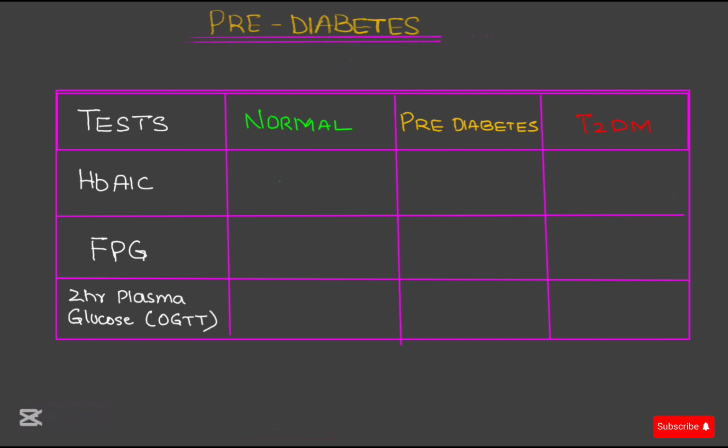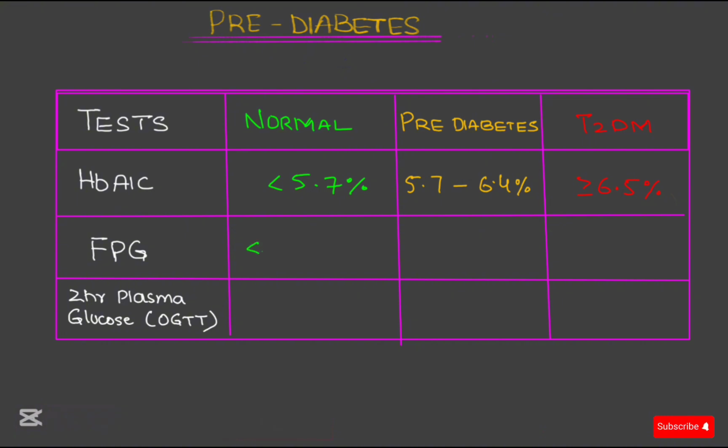That's why I encourage all of you to revise these values daily multiple times so that you can learn them by heart. The HbA1c level in a normal healthy individual is less than 5.7%. For prediabetes, it is 5.7 to 6.4%, and in patients with type 2 diabetes mellitus, it is 6.5% or more.